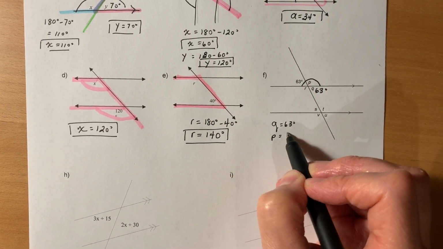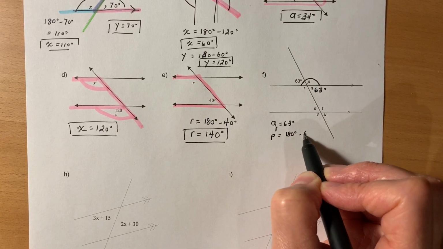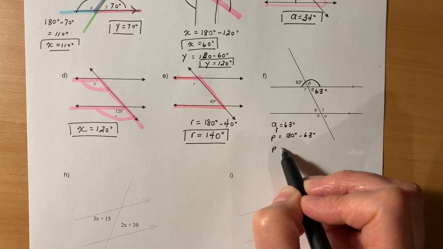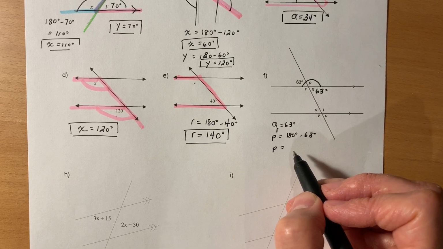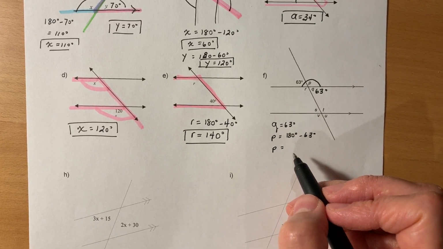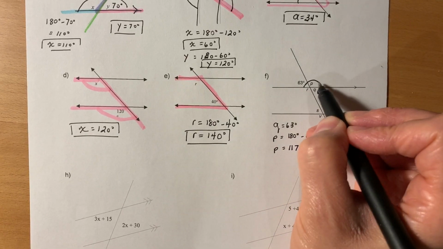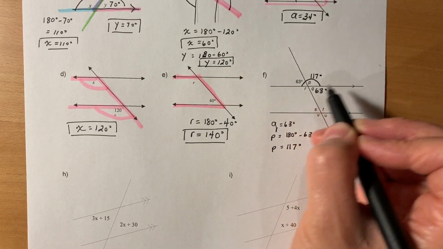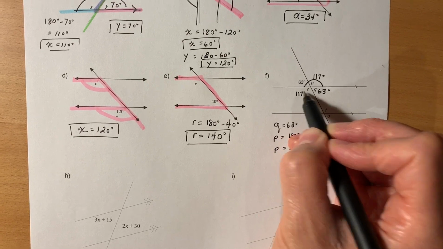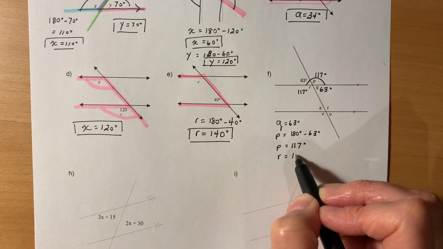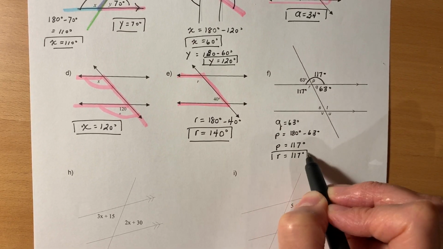So to find P, I take 180, I subtract 63, which I get 117, I believe. Yep, 117 degrees. So if this is 117 degrees, I know R is also 117 degrees because they're opposite each other.